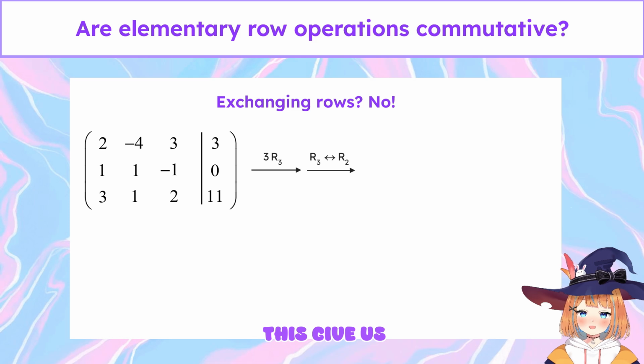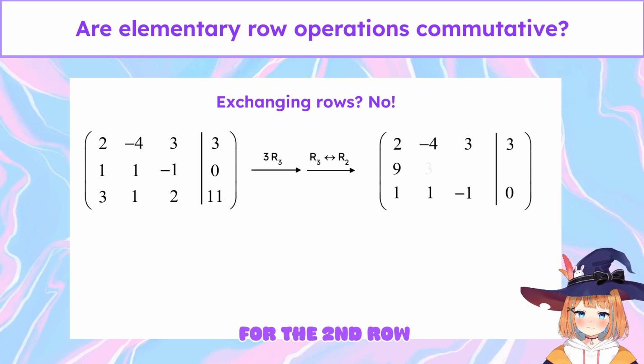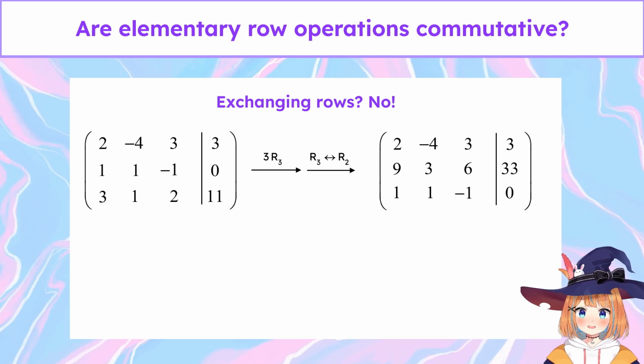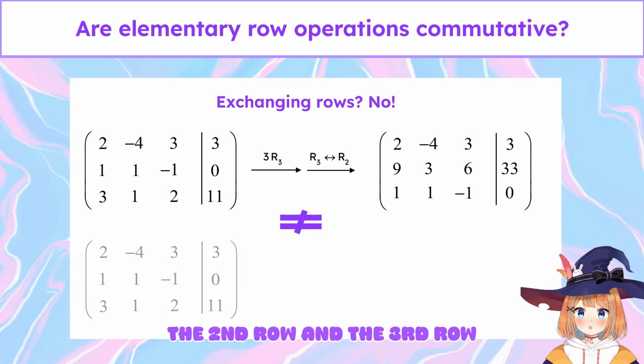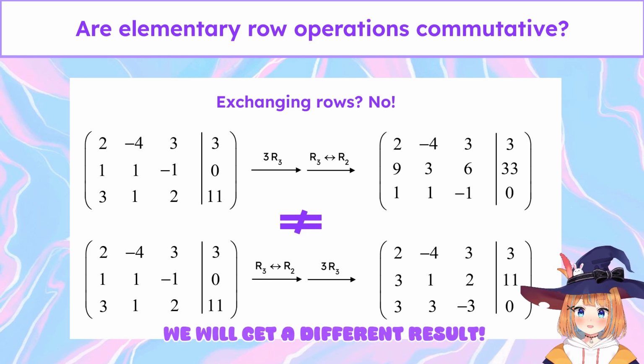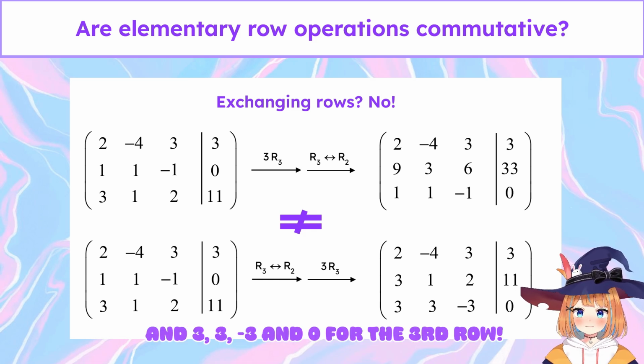This will give us 9, 3, 6, and 33 for the second row, and 1, 1, negative 1, and 0 for the third row. However, if we first exchange the second row and third row and then multiply the third row with 3, we will get a different result. We will get 3, 1, 2, and 11 for the second row, and 3, 3, negative 3, and 0 for the third row.